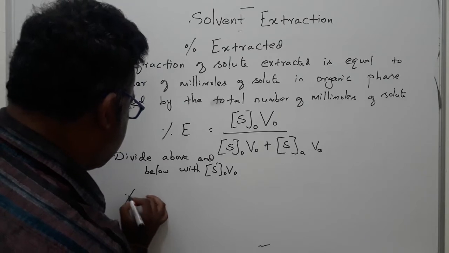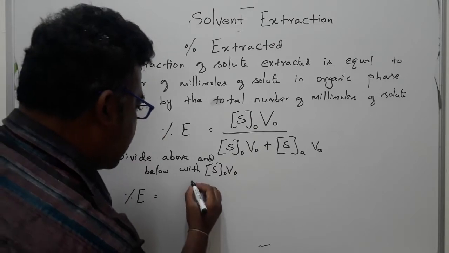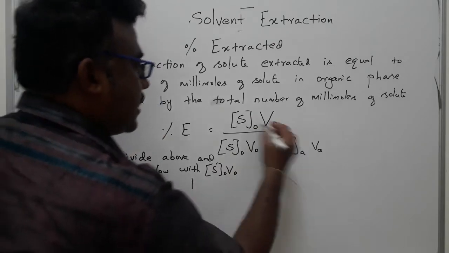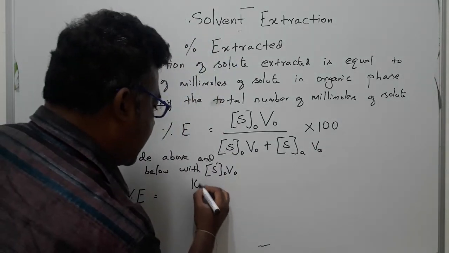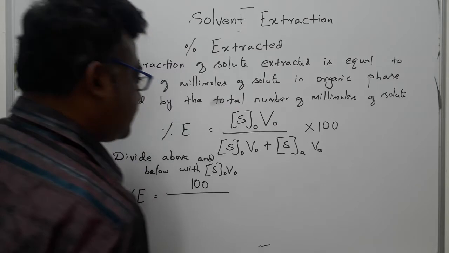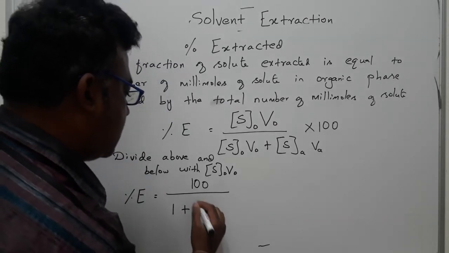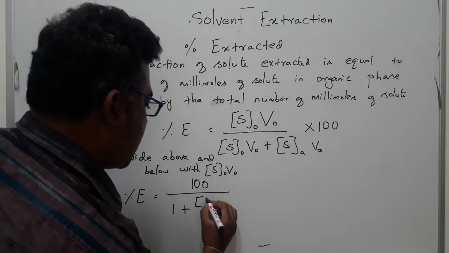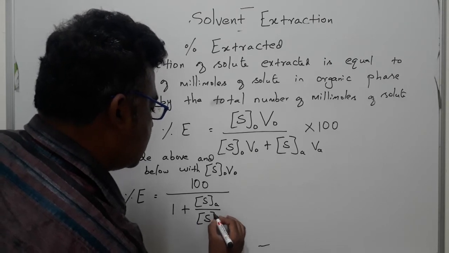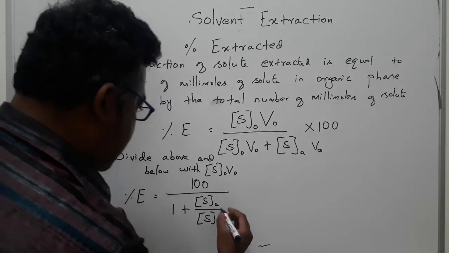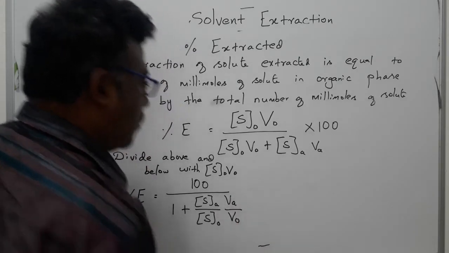So percentage E is equal to 100 divided by 1 plus the concentration of Sa divided by the concentration of S0, the organic layer, times Va divided by V0.